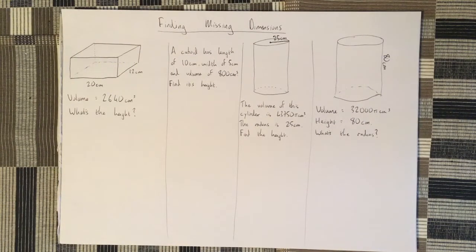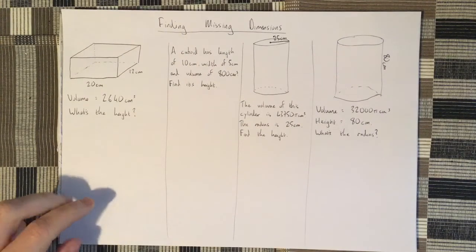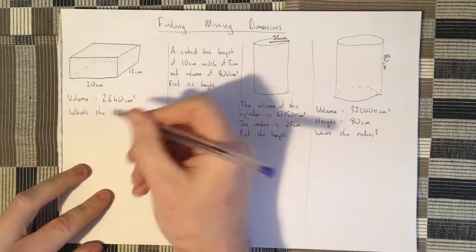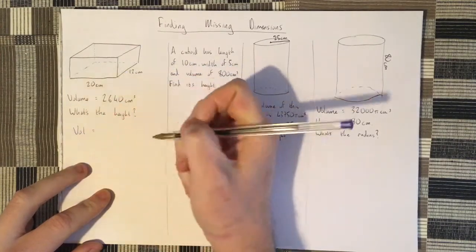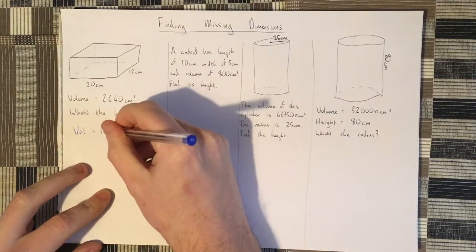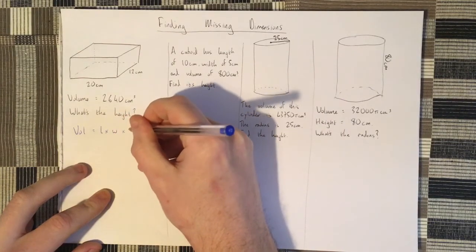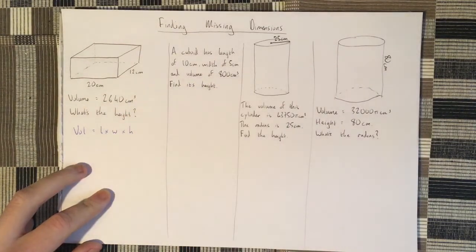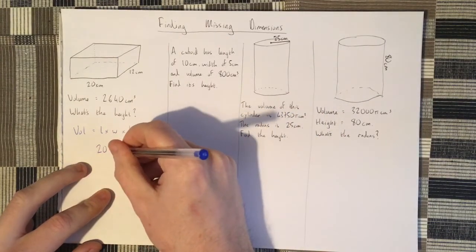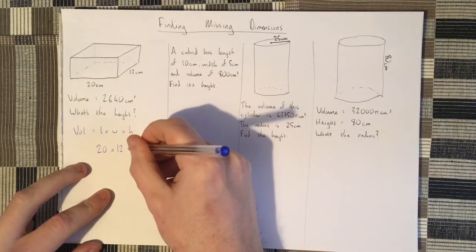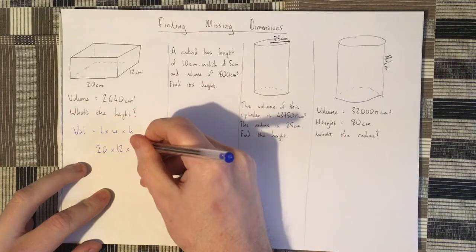So the starting point, just like when we're trying to calculate the volume, is to write down the formula. Volume is equal to length by width by height. So for this shape, it is 20 multiplied by 12 multiplied by the height.